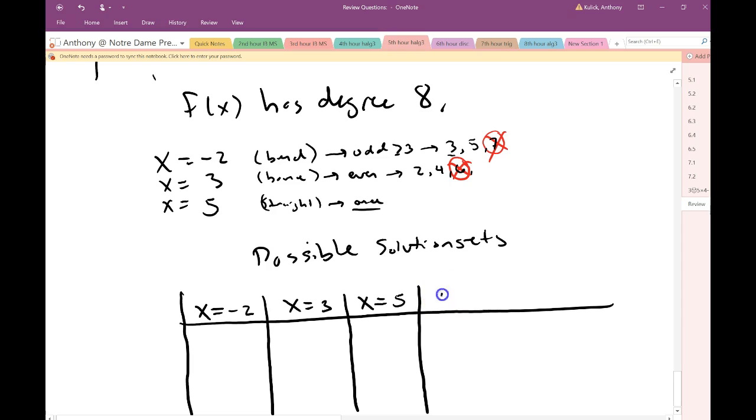What are those? Imaginary. And then I'll have my total. What's the total always going to be? 8. And x equals 5 is always going to be used, in this case, once. Everybody agree with that?